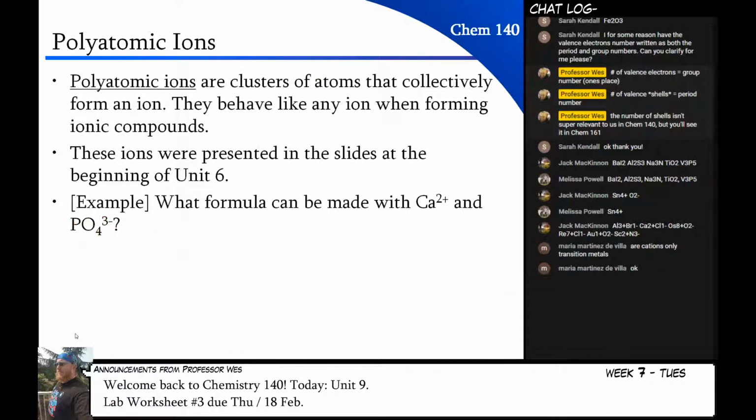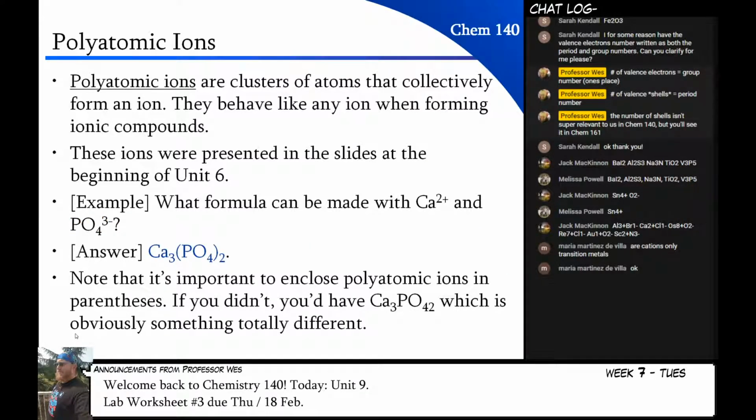And again, if you ever use a polyatomic ion and there is more than one of it, you have to include these parentheses. Otherwise you get this, which is like, whoa, that's a lot of oxygen, right? And you don't want to accidentally mistake one compound for another in that manner.